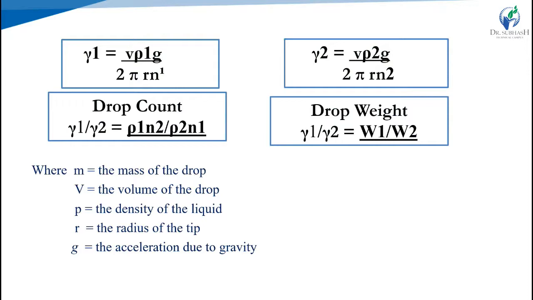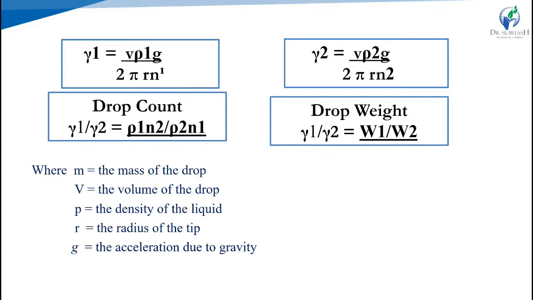Then for the calculations, for the test liquid and the reference liquid, gamma 1 upon gamma 2, the surface tensions of the test and the reference, is equal to m1 upon m2, otherwise w1 upon w2.